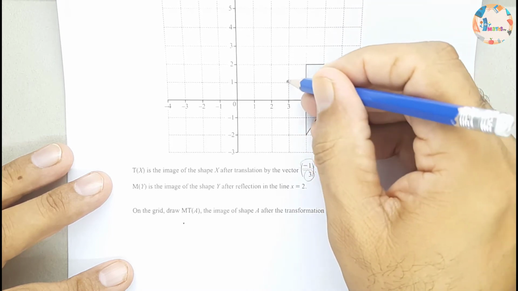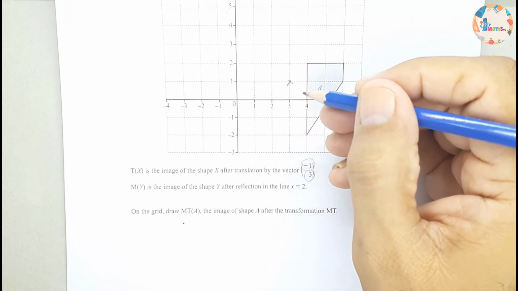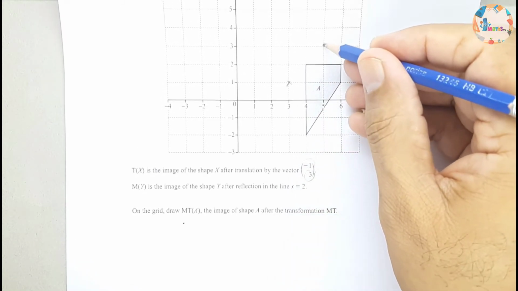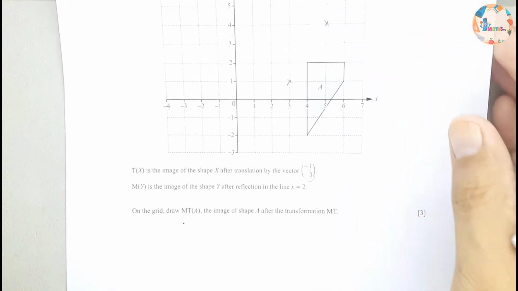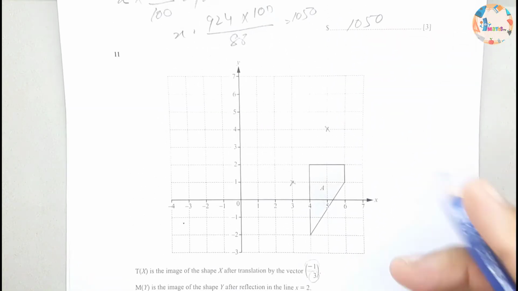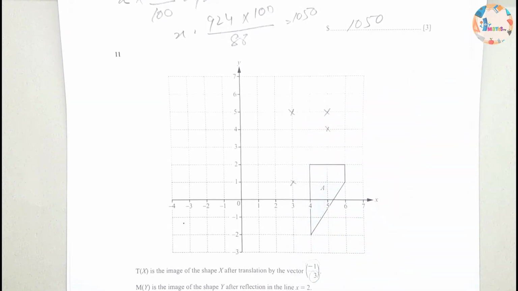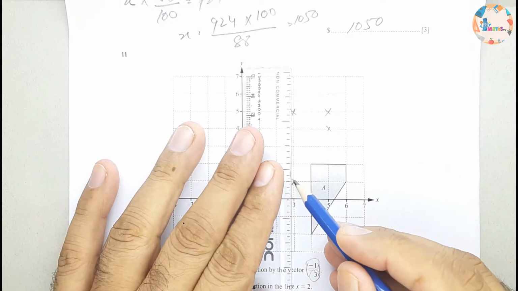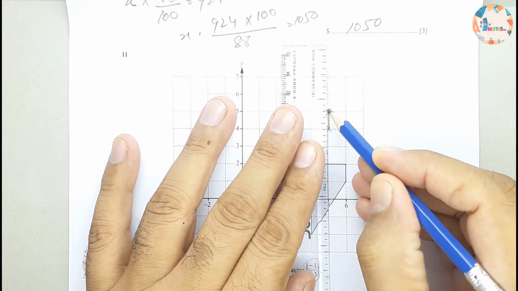So this point will move to this one, and this will be the new location. Similarly, this will be 1 unit left and 3 units up, so this will be the new location, and we can trace the rest of the points directly like this. Now we have to draw the shape, it's basically a trapezium, so we can draw it like this.